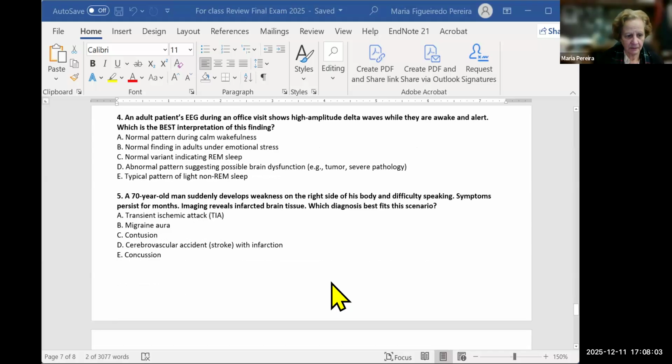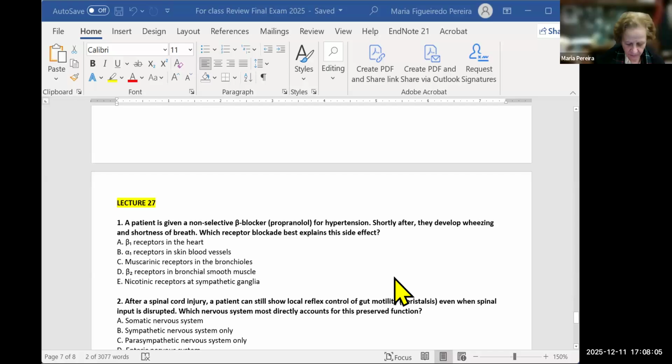Okay. So last chapter, the autonomic nervous system. A patient is given a selective beta blocker. Remember, we talked about this. It has a lot of side effects for hypertension; shortly after they develop wheezing and shortness of breath.